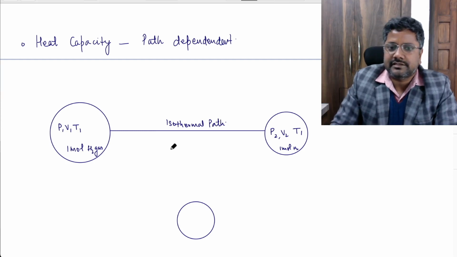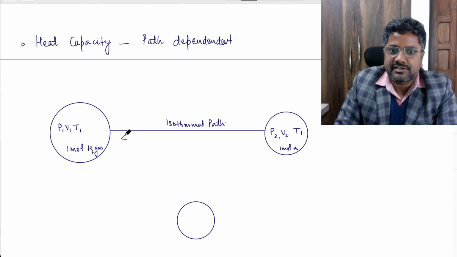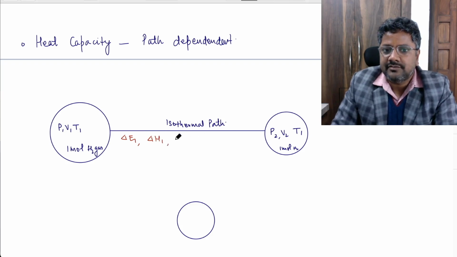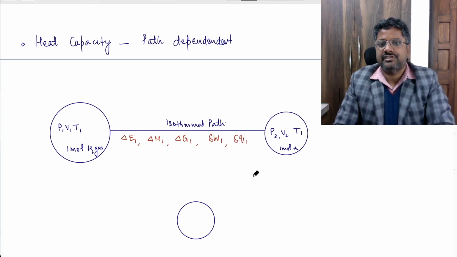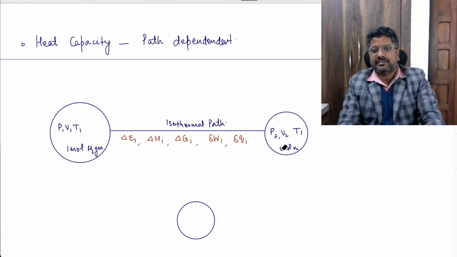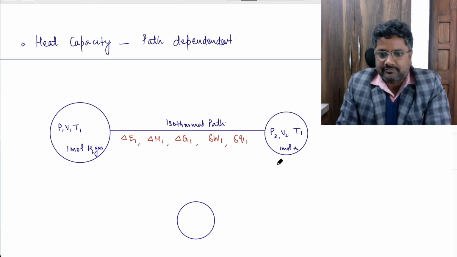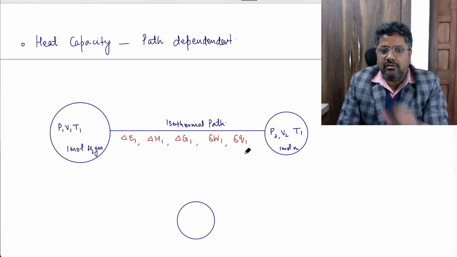You can suppose that the change in internal energy is delta E1, the enthalpy change is delta H1, the Gibbs energy change is delta G1, the work involved in this case is W1, and the heat change involved in this process is delta Q1, right?